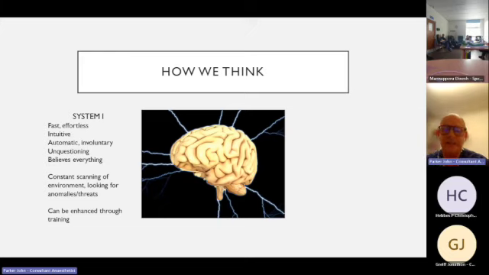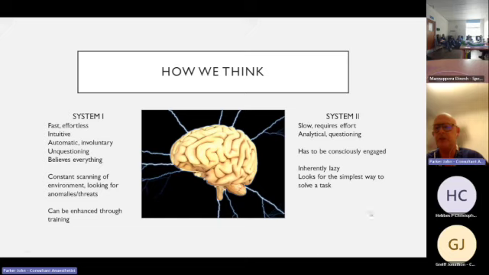As I say, it's automatic. You don't have a great deal of control over it potentially. But people in elite areas like chess or elite sports, or anyone who's highly trained in a particular area, can enhance their System 1 thinking to spot certain things. So that's the first thing.